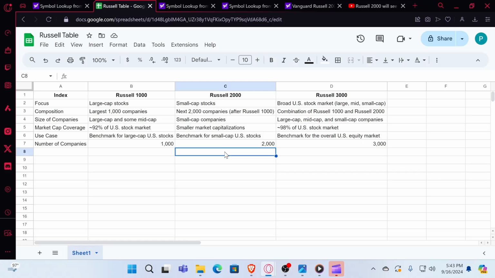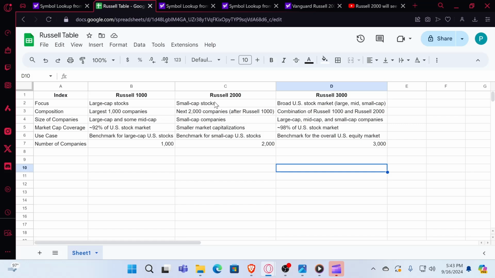And also you'll see in our Yahoo Finance search that we just looked at, the Russell 3000, which really merges the two together. It's a barometer of the broad US stock market, a combination of the 1000 and 2000. It's going to track the 3,000 largest companies, providing a broad view of the overall market. So again, essentially the Russell 1000 covers the big players. The Russell 2000 focuses on smaller companies. And the Russell 3000 gives you the best of both worlds. It combines the two into one.